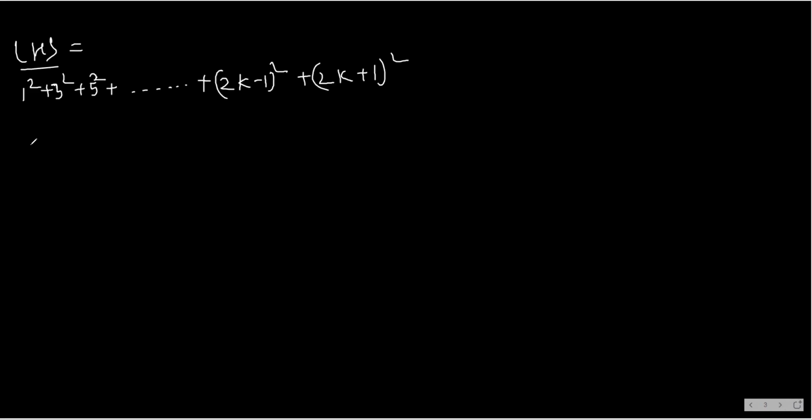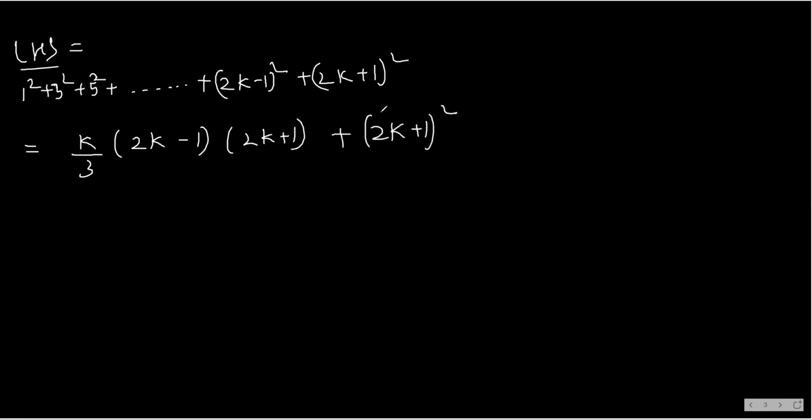So here I will write, which is equal to k by 3, 2k minus 1 into 2k plus 1, and here I have 2k plus 1 the whole square. Now I will take 2k plus 1 common. So I will get k by 3, 2k minus 1 plus 2k plus 1.